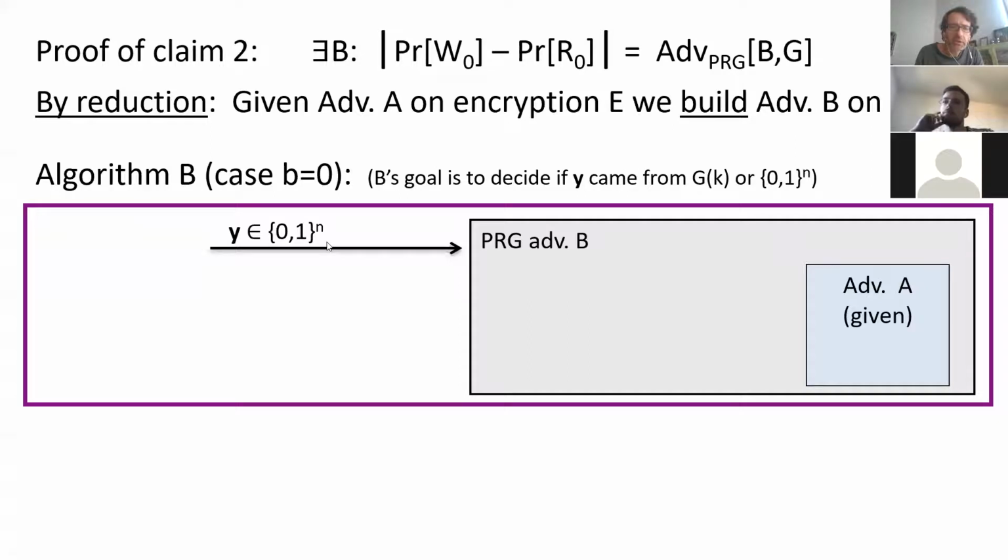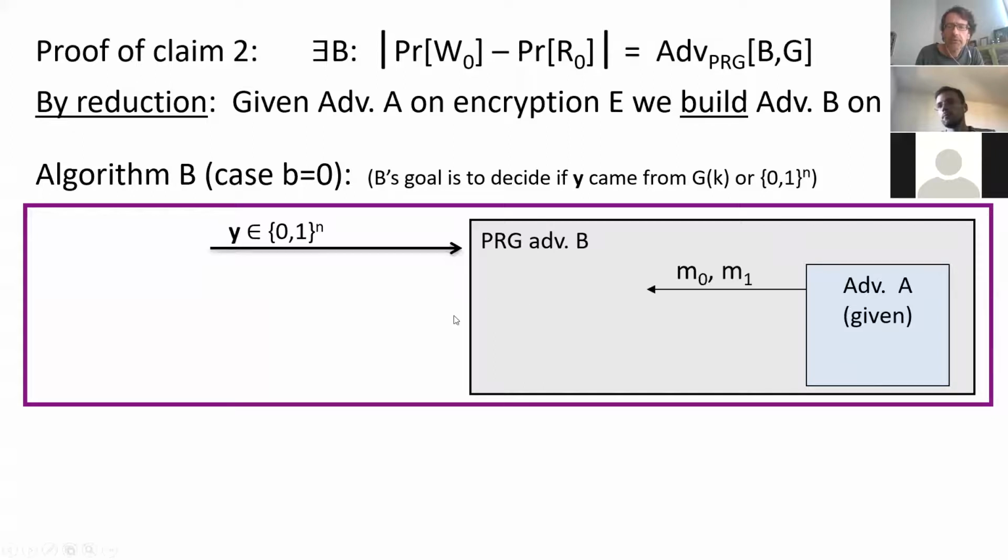What does an attack on a PRG look like syntactically? An attack on a PRG gets a string and must decide whether that string is an output of a PRG or a random string. That's what it means to attack a PRG. So let's use this supposed attack on encryption, which distinguishes these two worlds, to attack Y.